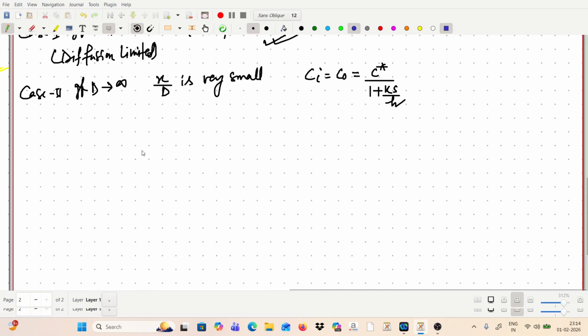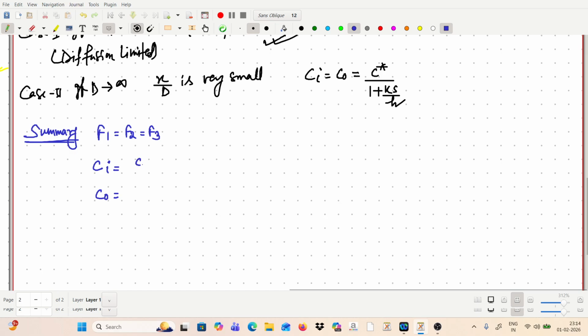Just as a summary, I want to write: there are three fluxes, F1, F2 and F3, and all will be the same. From this we have come to the conclusion of Ci and C naught.